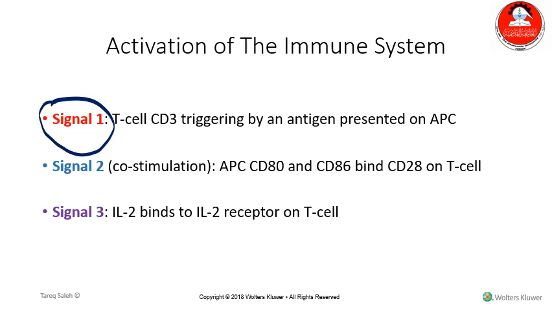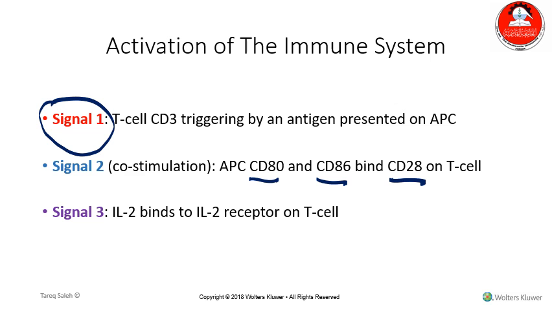So in that step, T cells using their T cell receptors bind the foreign antigen presented on macrophages and dendritic cells. In addition to that, there should be another signal we call the co-stimulation signal, where the T cell interacts directly with the antigen presenting cell using receptor-receptor interaction. In that process, CD80 and CD86 receptors found on macrophages and dendritic cells will bind CD28 receptors found on T cells.